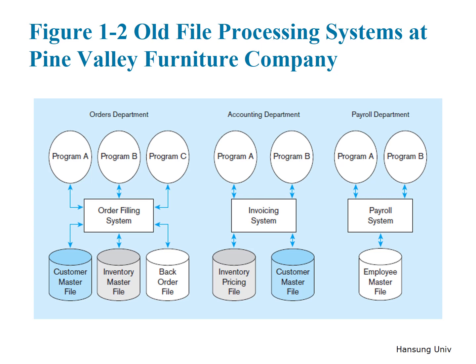So you can see there are order department and accounting department and payroll department. And also there are several programs, and then there are some different formats of the same data. So duplication of data and then program data dependency.